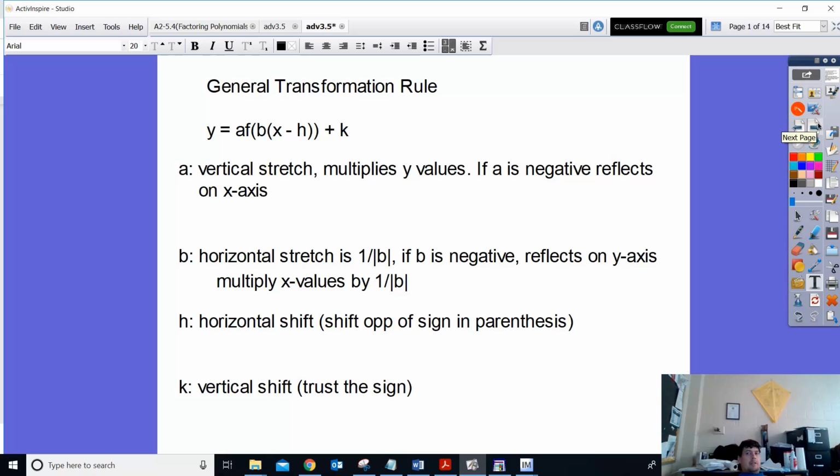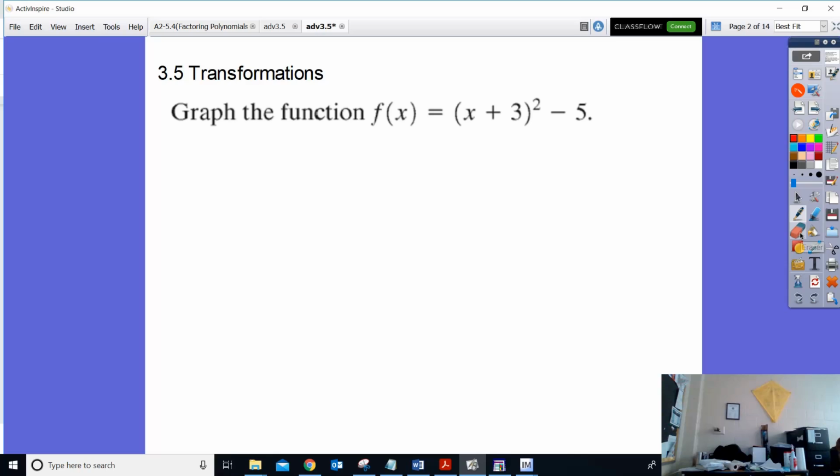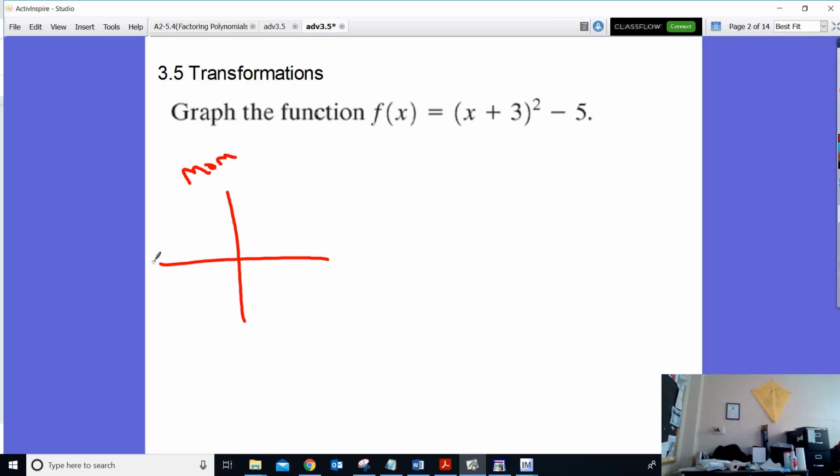Anyways, I'm going to do our first example here. We graph the function f of x equals x plus 3 squared minus 5. Now, whenever you do a transformation or you graph a function, you're supposed to think about mom. What function? x plus 3 squared.